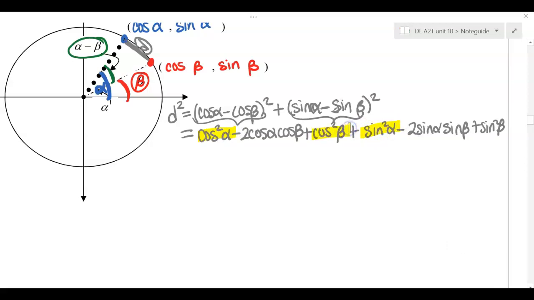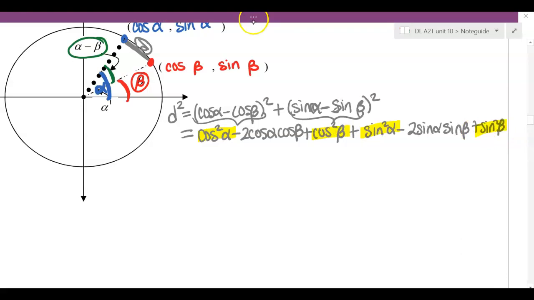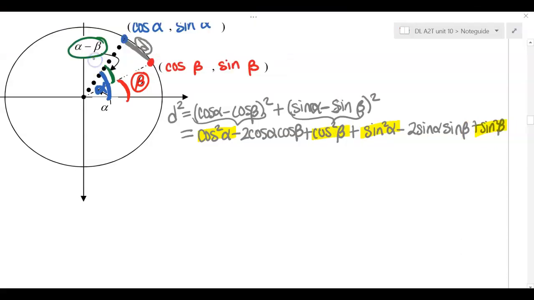And cosine squared beta plus sine squared beta would also make 1. So what I really have here is 2, because I'm counting 1 for each of those sine squareds plus cosine squareds. Then I have this term, and then I have this other term. So that's what I get for one calculation of the distance squared.